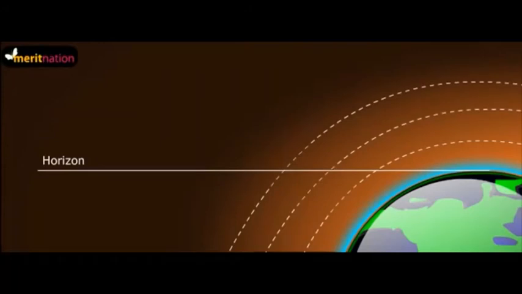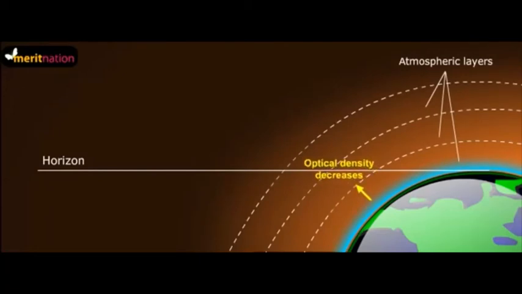This is very interesting. You get to see the sunrise before the sun actually rises. You know what happens? Earth's atmosphere has different layers. And also, the optical densities of these layers decrease as you move away from the Earth's surface, that is, with increasing height.